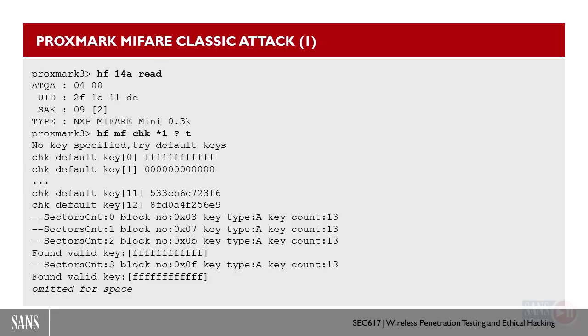And then attempting to do both nested attacks and dark side key recovery with some commands as well. So we can do very similar types of things with the Proxmark against these, built into the device.